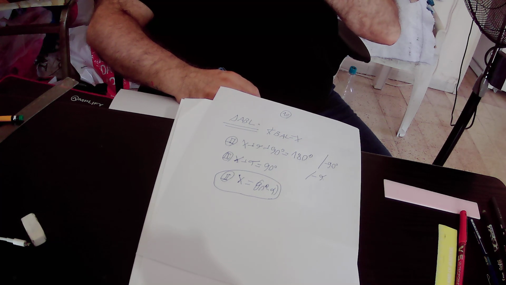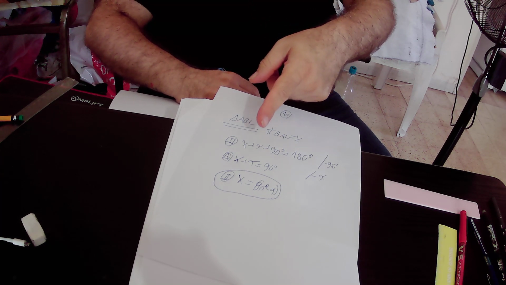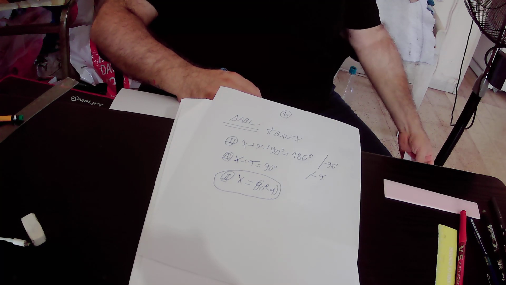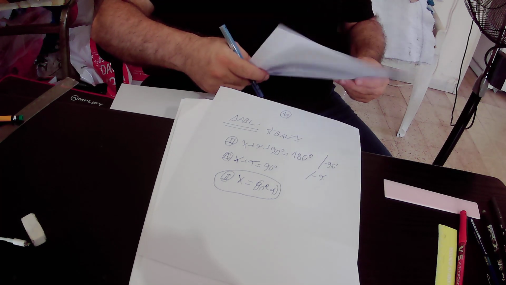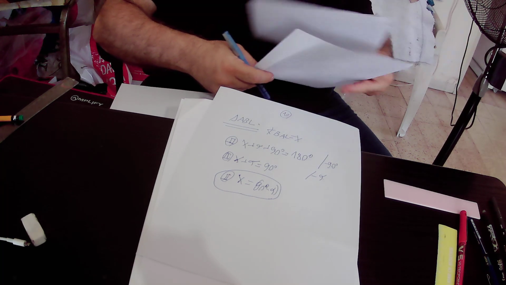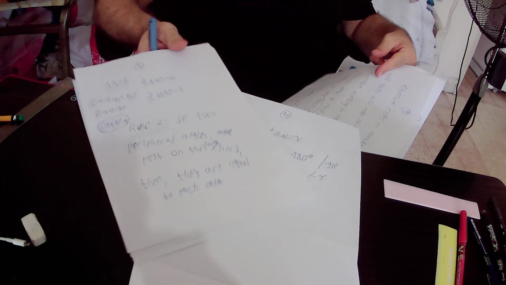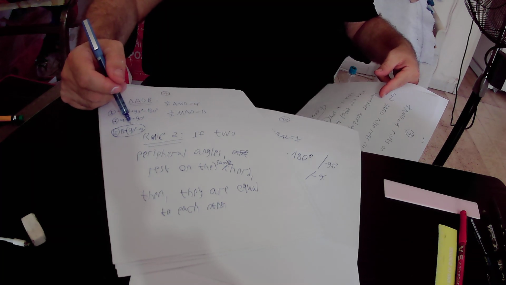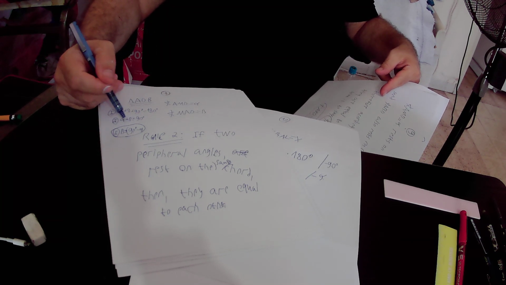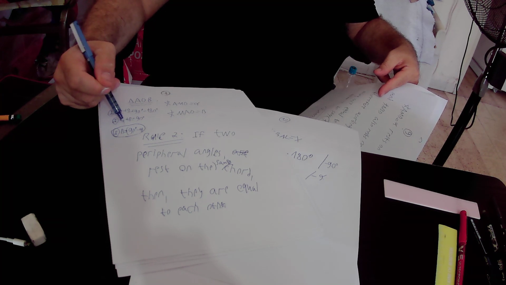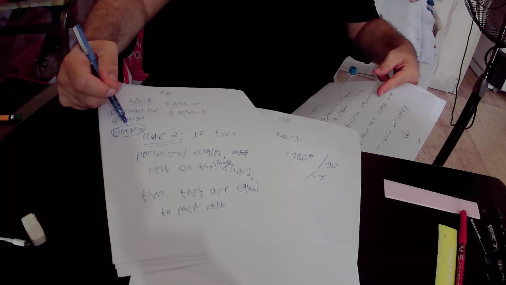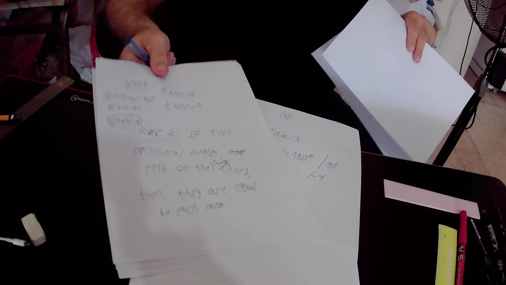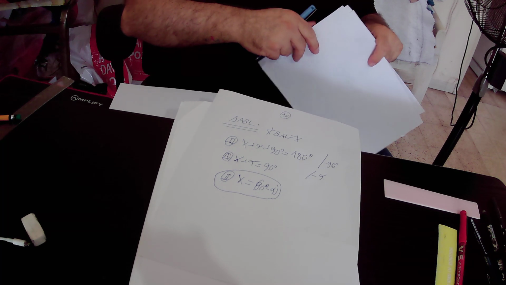So from equation number 2 we know that x equals 90 degrees minus alpha, but equation number 1 states that beta equals also 90 degrees minus alpha. So I write it down.